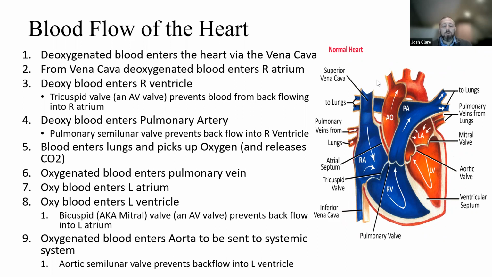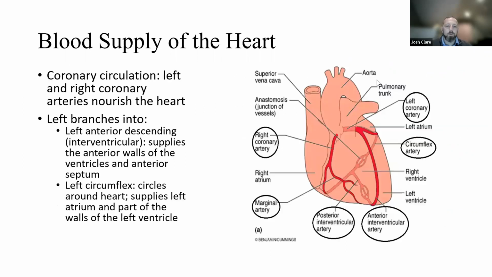The one interesting thing is that the pulmonary artery is the only artery in the body that holds deoxygenated blood, and the pulmonary vein is the only vein that holds oxygenated blood. So that's pretty cool.